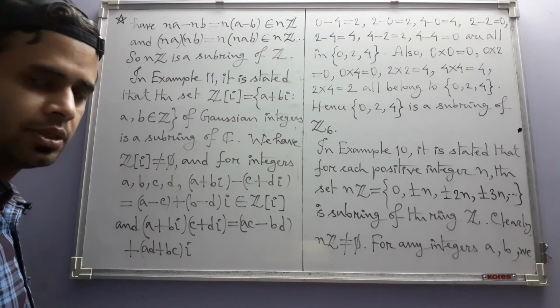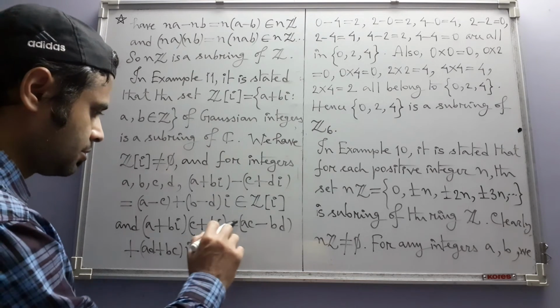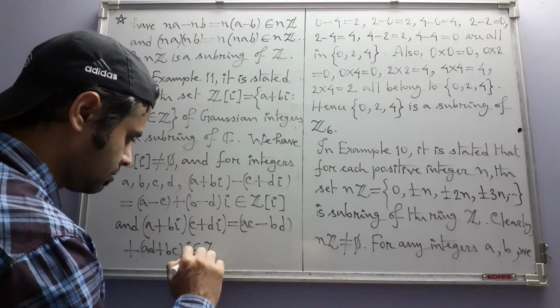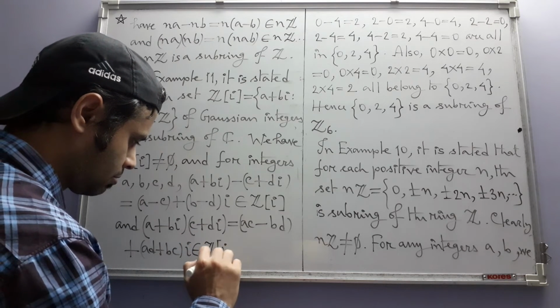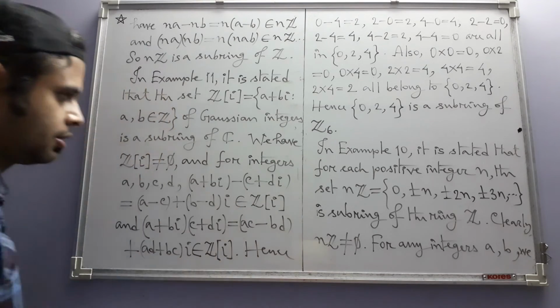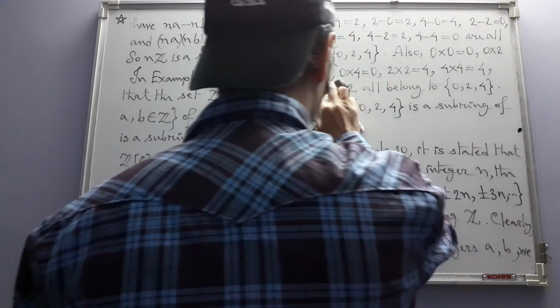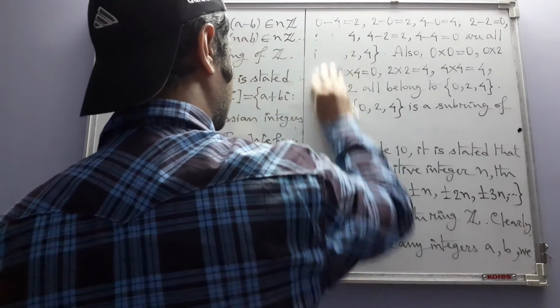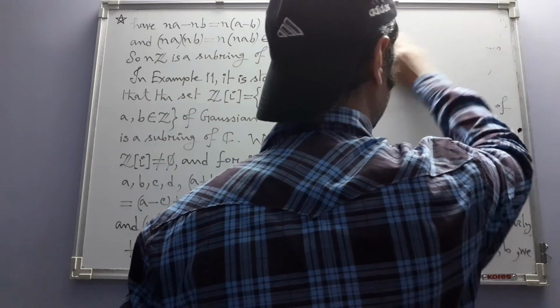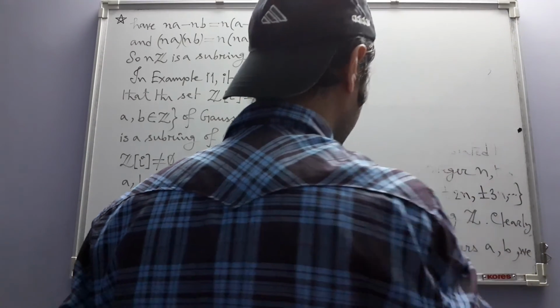Again, because a, b, c and d are integers, ac minus bd and ad plus bc are also integers. Hence, the Gaussian integers form a subring of the ring of complex numbers.